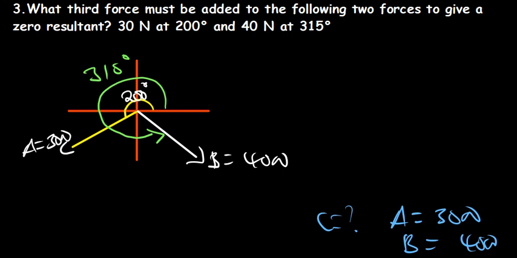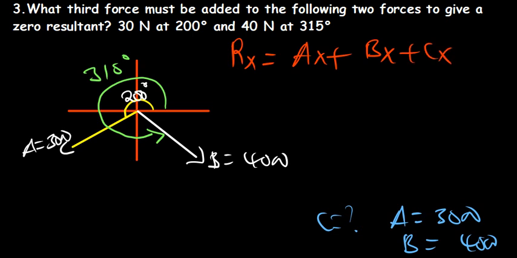The addition of all the vectors in the x direction is going to be the Rx. Now the Rx is equal to Ax plus Bx plus Cx. The Rx I have already, because the resultant is 0. In short, the resultant is 0. So Rx is going to be R cos theta.